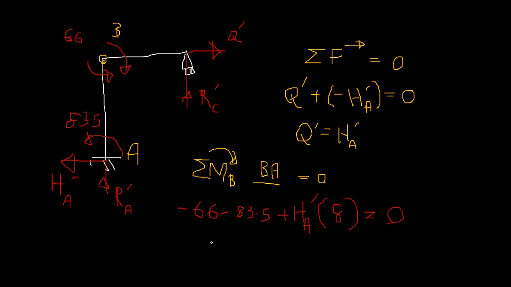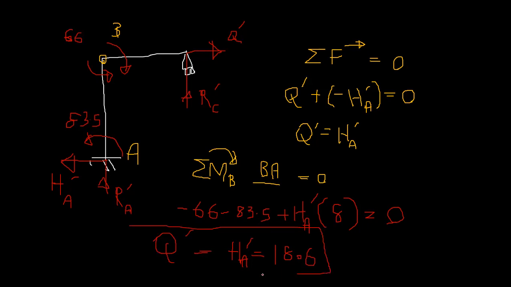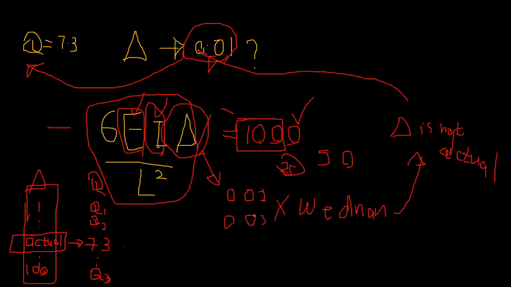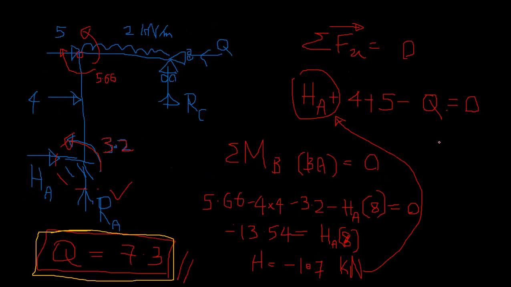So that's going to be how much? 18.68. So we are getting the Q dash as this, right? So was my Q value correct at the end?